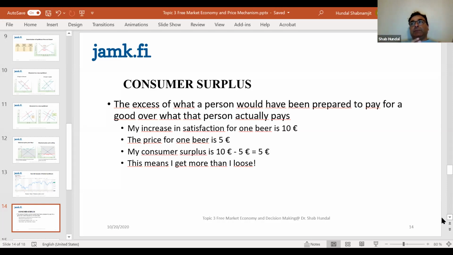So satisfaction comes in the after-consumption scenario, but the utility is a pre-consumption phenomenon. This is the value judgment. For example, if I'm desperate to buy, I'm just waiting for the store to open and I want to buy some nice electronic pen for myself, it shows that I'm attaching a huge amount of utility.